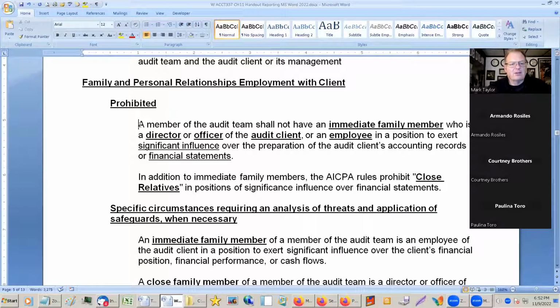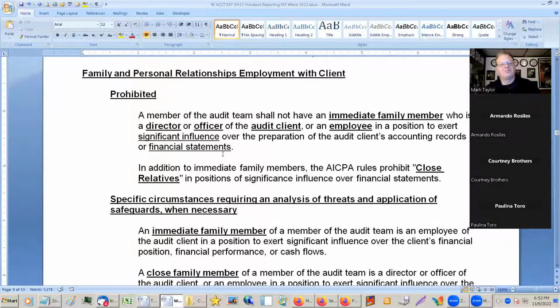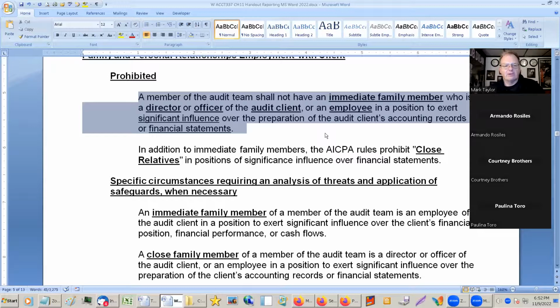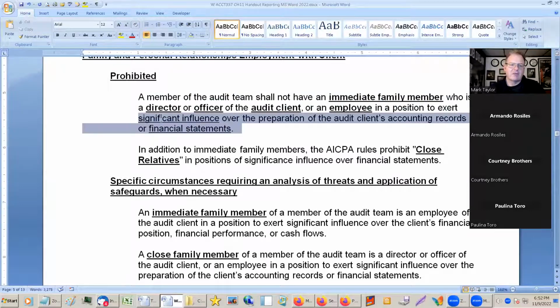Okay, down here, they jumped ahead. Prohibited. A family member, director, officer, or client employee in position to gain significant influence in the preparation of financial statements and records. So it's prohibited to have a family member who is in what they call in the US standards a key position, somebody who has control. Now, if your spouse is a supervisor on, say, the loading dock for IBM, they probably don't have a whole lot to do with the financial statements.